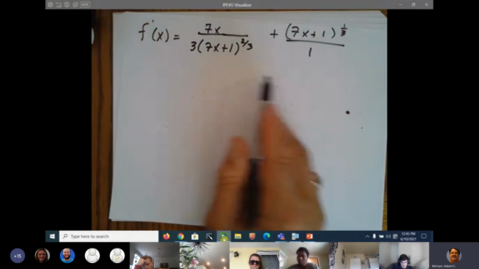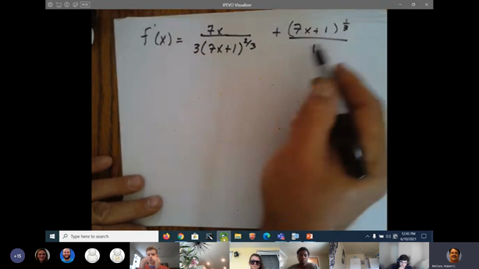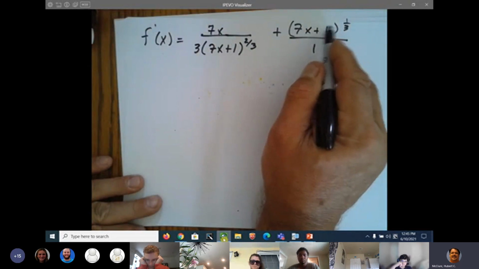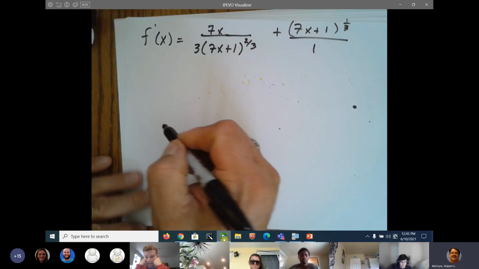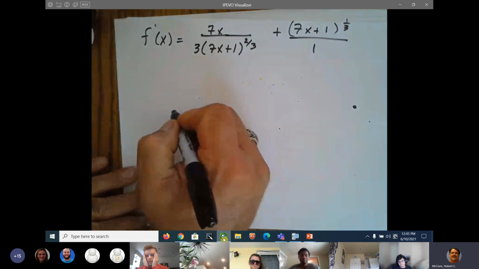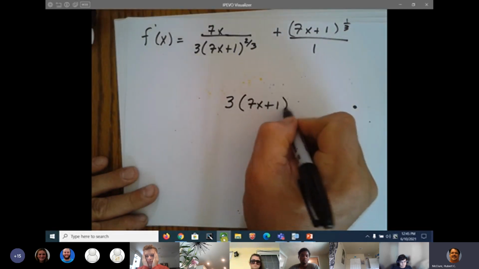And they're getting a common denominator of this, which is okay because I think that's going to make the parentheses fall off of this. I think, I'm not sure. So the common denominator is 3 times 7x plus 1 to the 2/3 power.